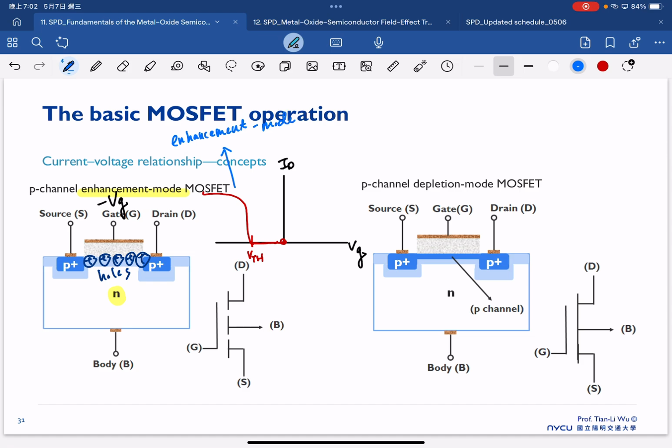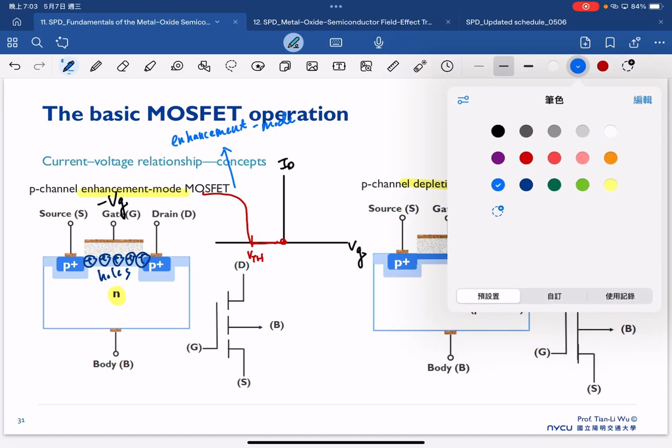And the same, we can have the P-channel depletion mode, in which the holes are already existing in the channel. So you can see this is a P-channel, that means the holes are already existing.